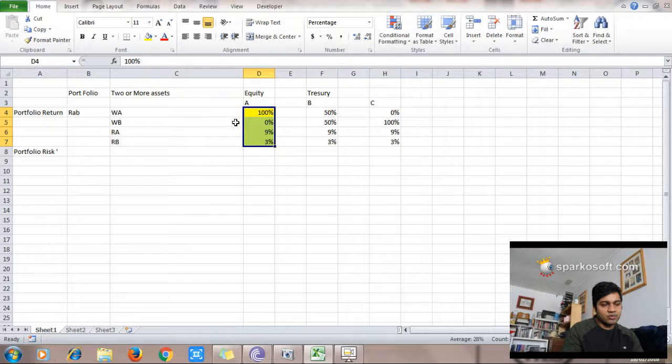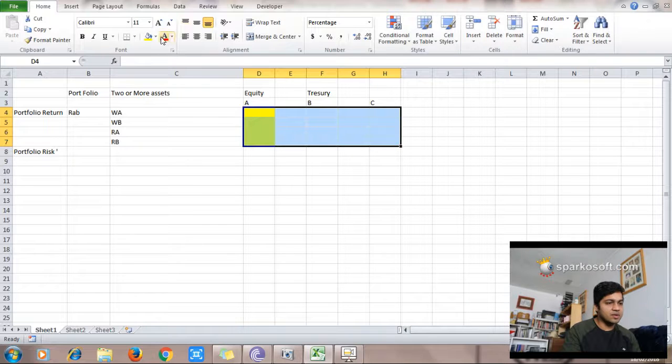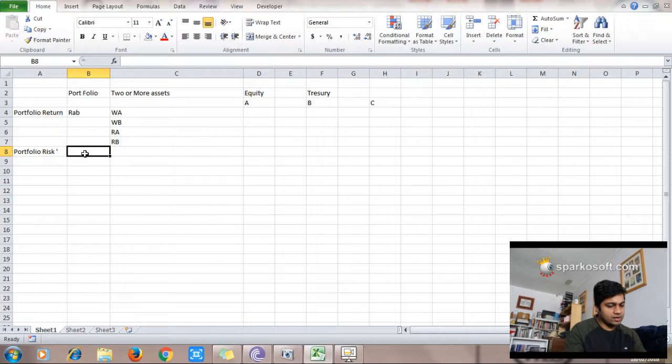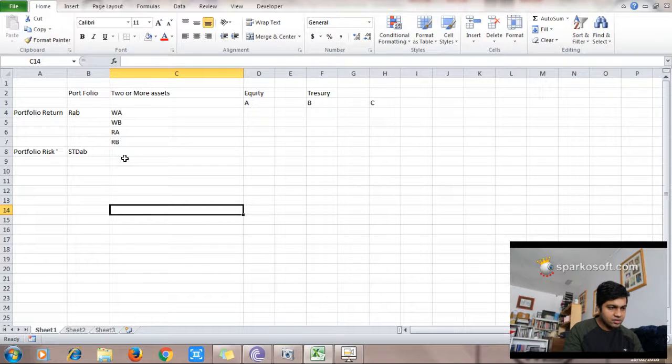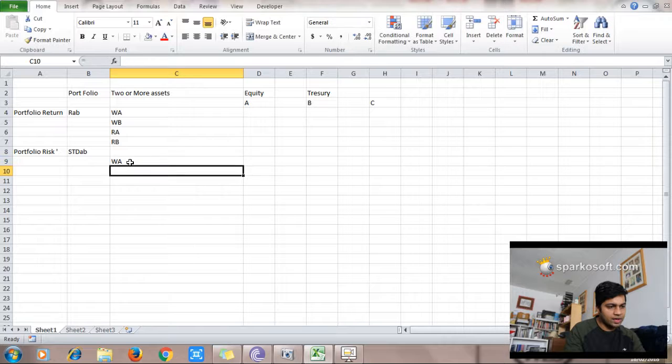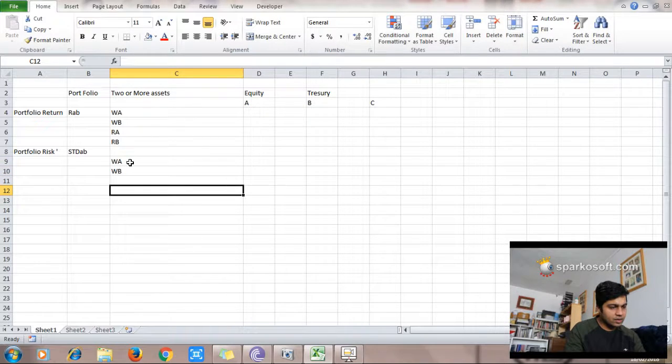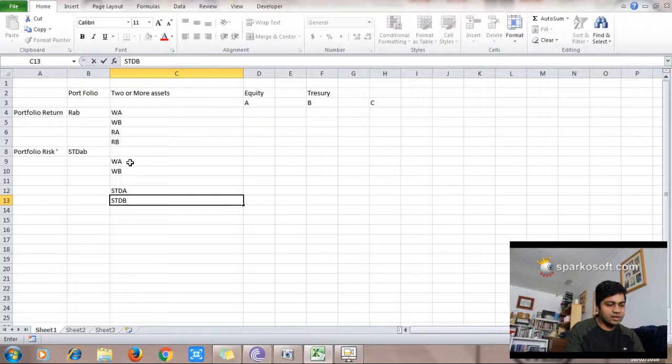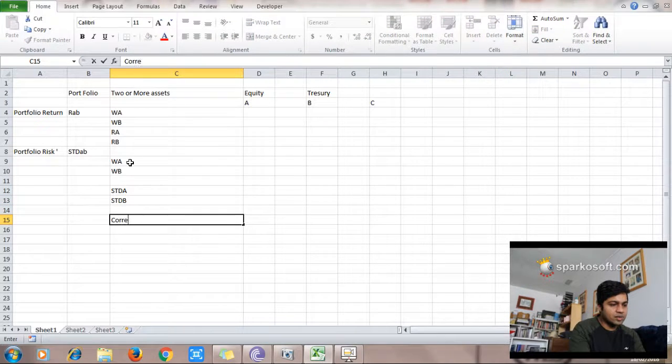So returns of a portfolio depend on two factors: weight of respective assets as well as returns given by those assets. Now, portfolio risk is denoted by the standard deviation of the portfolio. So standard deviation AB, that is portfolio risk AB, is dependent on three major factors: weights of respective assets, so weight of A and weight of B, then standard deviations or risk of respective assets, so standard deviation A and standard deviation B, and correlation between those assets.